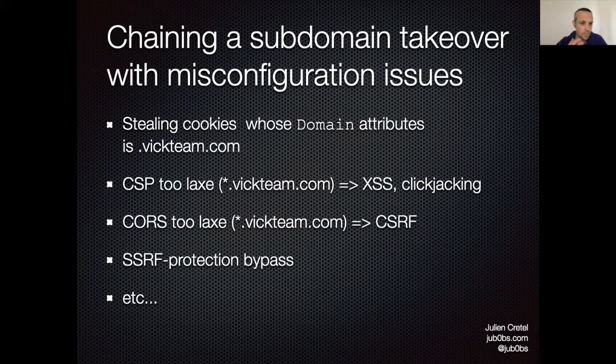And then if victim.com has some SSRF protection in place, so SSRF, server-side request forgery, but they allow any subdomain of victim.com, then a subdomain takeover on one of those subdomains will be enough to bypass that protection. So there's a lot of other exploits that I'm not mentioning here, but that should give you an idea.